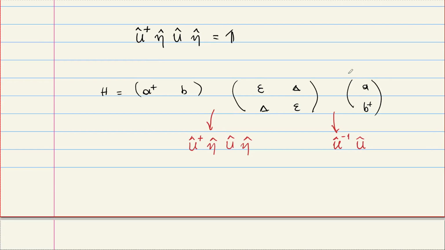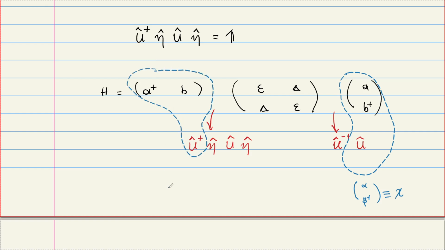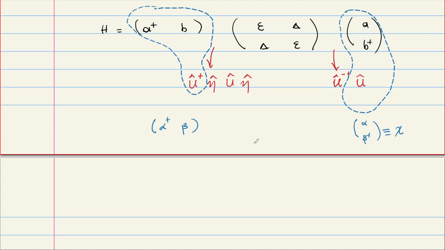Now, if you look at this piece, what is that? U times AB. This is alpha, yes, it is chi, alpha beta dagger, which is defined to be chi. And here this piece is exactly chi dagger, or alpha dagger beta. So let's write it so.